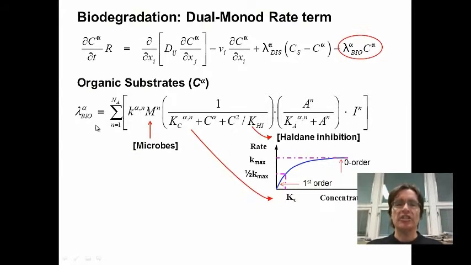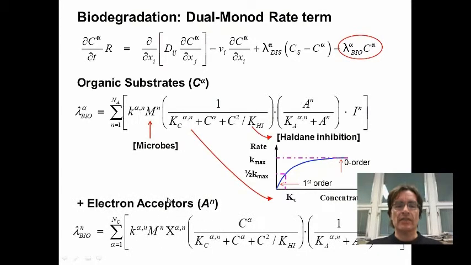But in general, now this term becomes nonlinear because it's affected by each of the other electron acceptors. And it's also being transported, this component, with the other components that are there, the other substrates, which are also consuming electron acceptors. So this becomes a multi-component, multi-electron acceptor nonlinear problem.